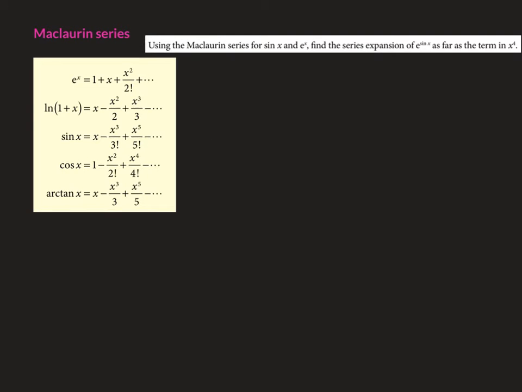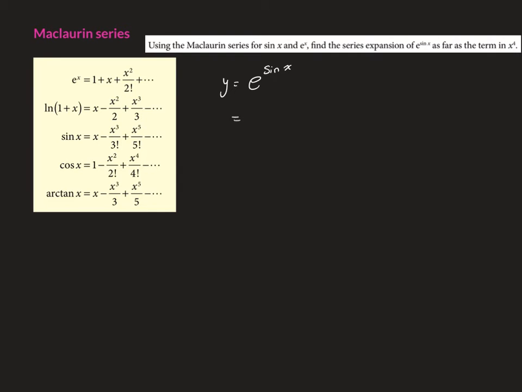Now we can always combine two of these expansions to get a more interesting approach. So for example, in this problem, we're asked to find a Maclaurin series for the expansion of e to the power of sine of x as far as the term in x power 4. So the function that we're working with is the function y equals e to the power of sine of x.